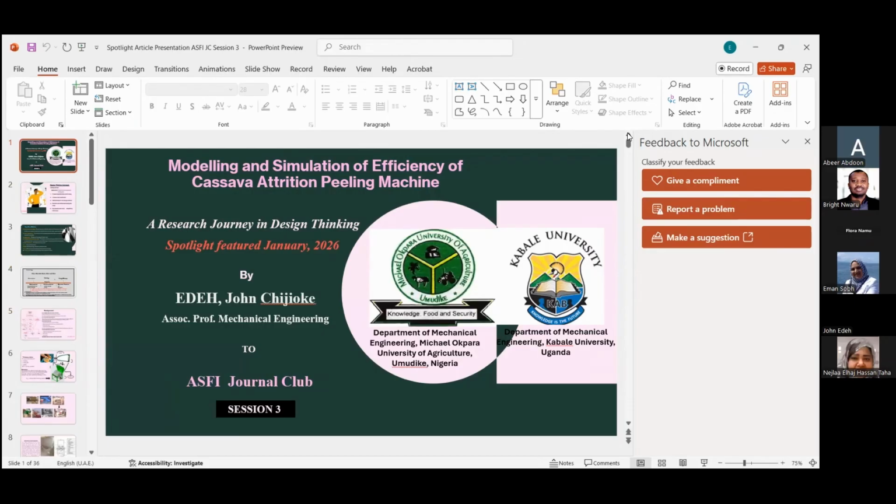We have seen how one study can speak to engineering design, agricultural efficiency, sustainability, and broader development and policy goals. This is exactly what the ASFI Journal Club aims to achieve: learning not just from results, but from how the research journey unfolds.